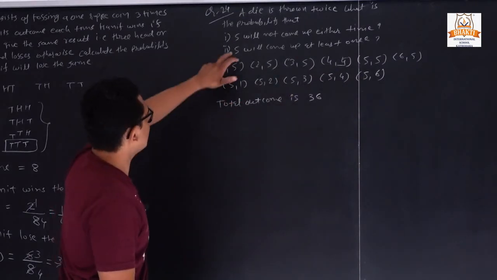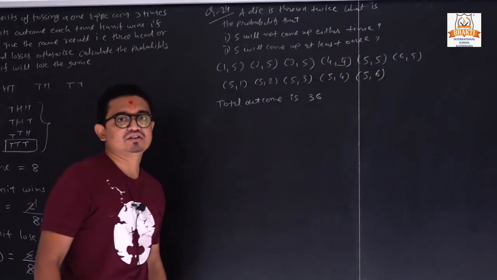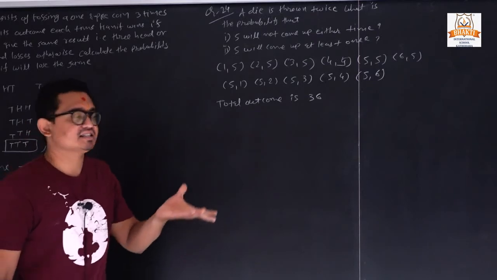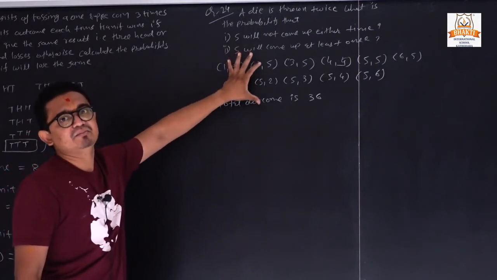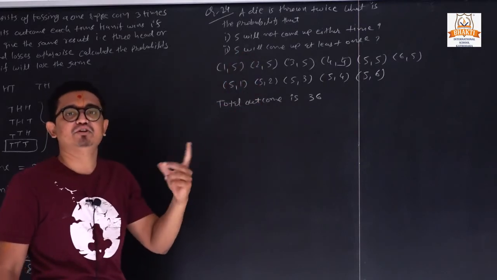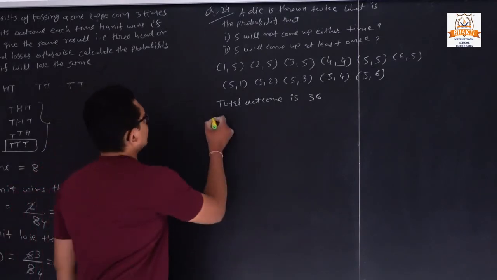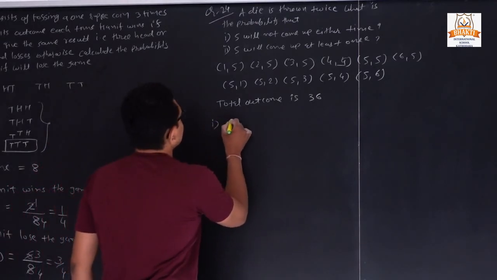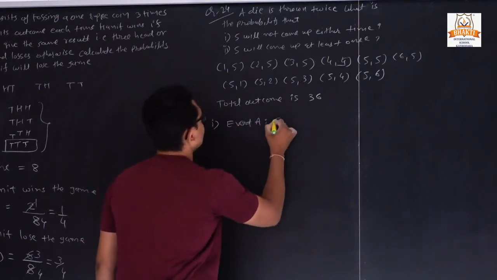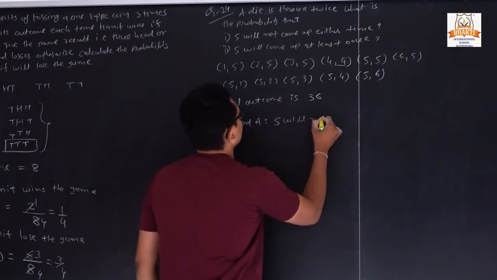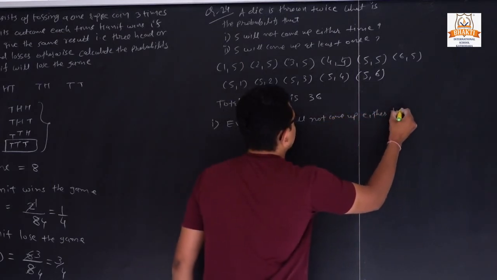So first of all, they are asking that 5 will not come up either time. Out of 36, 11 events are those events in which 5 will come. So we can subtract 11 upon 36 from 1, and we can get our answer. First, event A: 5 will not come up either time.